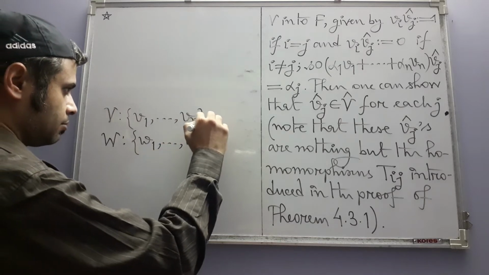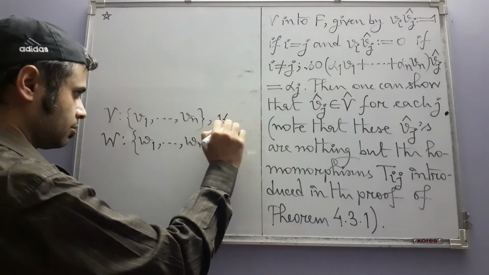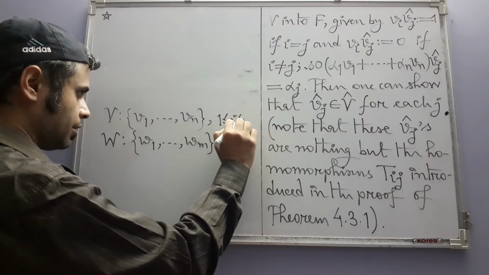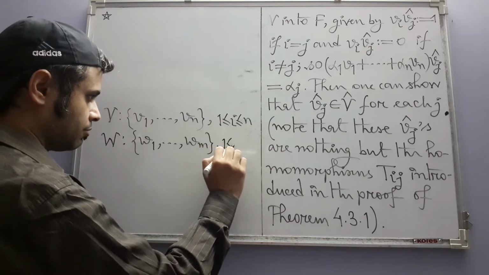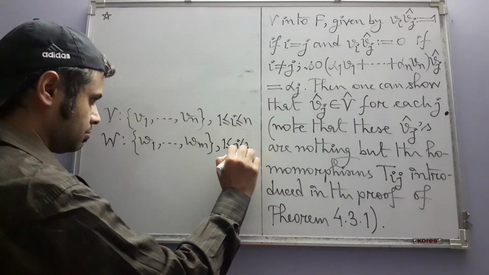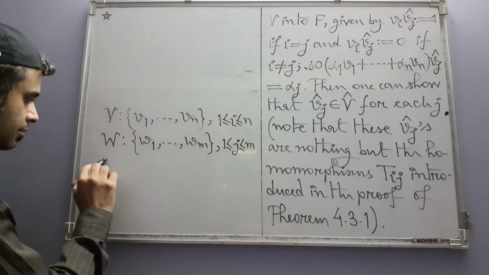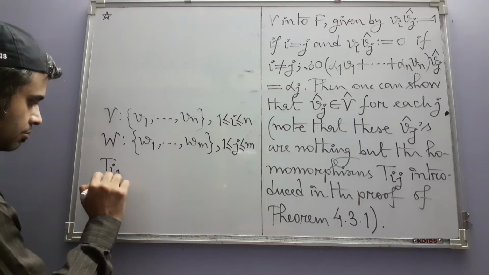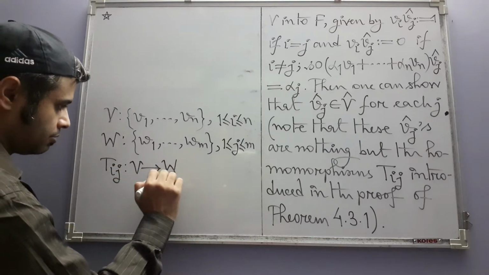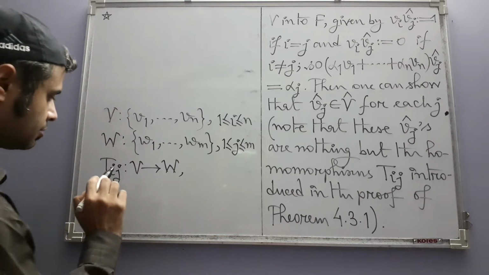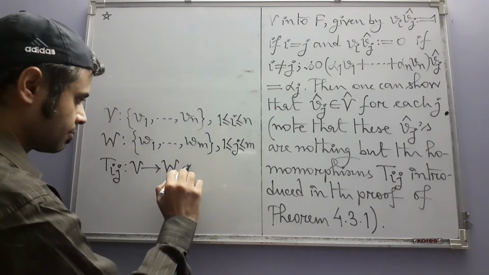For all the i's varying from 1 through n and all the j's varying from 1 through m, we define these functions from V to W, and the definition was this.